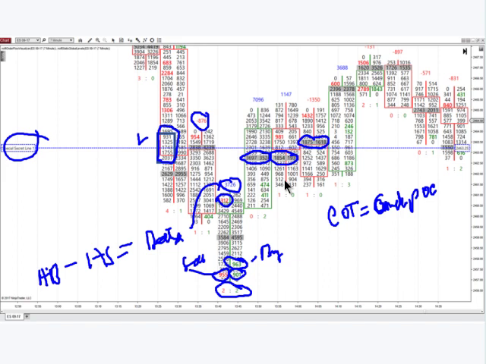You can get a lot more bang for your buck from a margin perspective in futures. But yes, that is a problem. For everybody who's got less than 25,000, you have to deal with that pattern day trader rule.